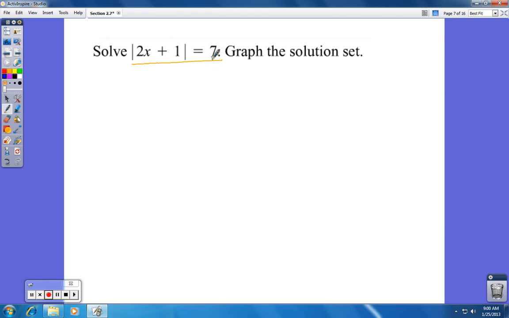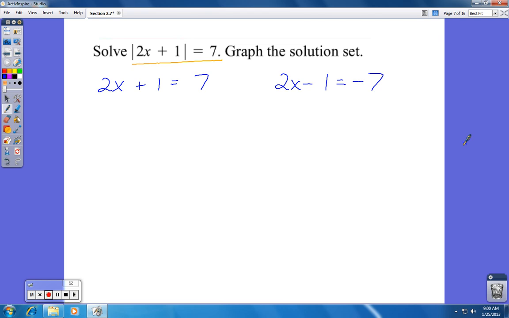It's equal to a positive number, so it's equal to a distance of 7. So we're going to set up 2 equations. One equation we will keep the number, because one number that will give us a distance of 7 is 7. The other equation will contain 2x plus 1 equal to the negative, or the opposite, of 7, which is -7.